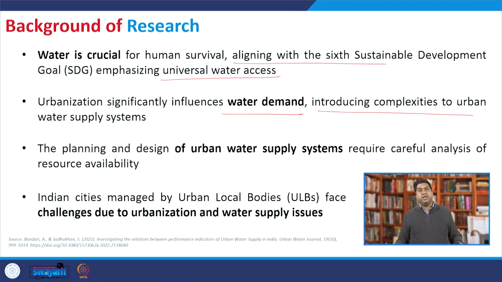But the main issue is that whenever you have more concentration in urban areas because of certain opportunities, job, employment, education, good health care, and other amenities that people are looking for in the urban area, more people are concentrating in a smaller area.